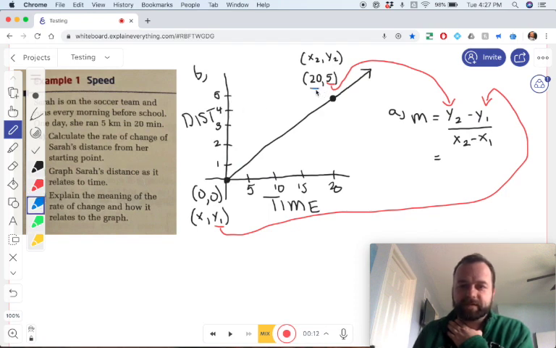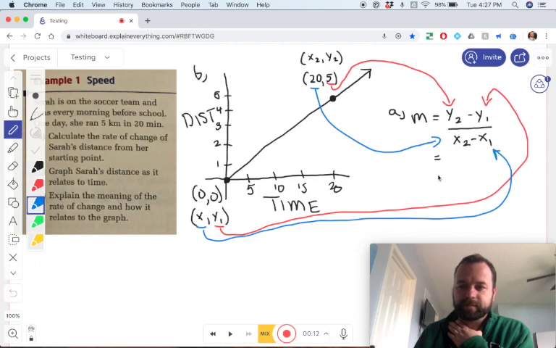I know x2 is 20. I know x1 is 0. I'm going to sub that in. I get 5 minus 0 over 20 minus 0, which gives me a slope of 5 over 20.